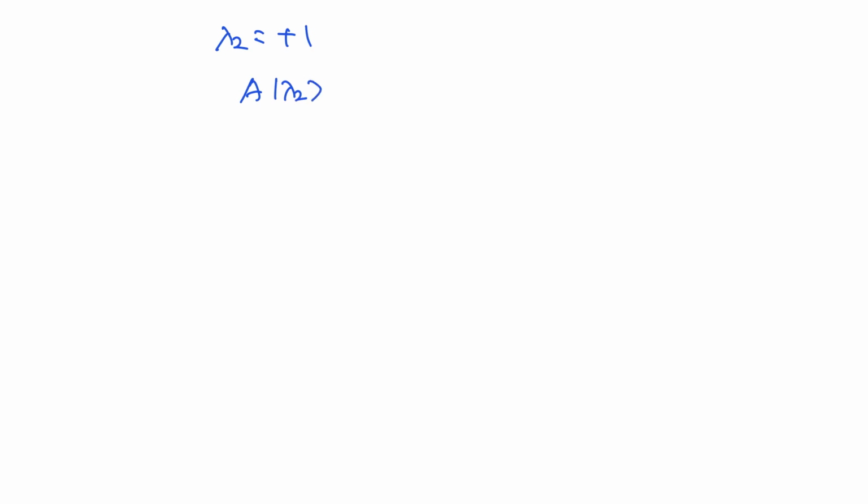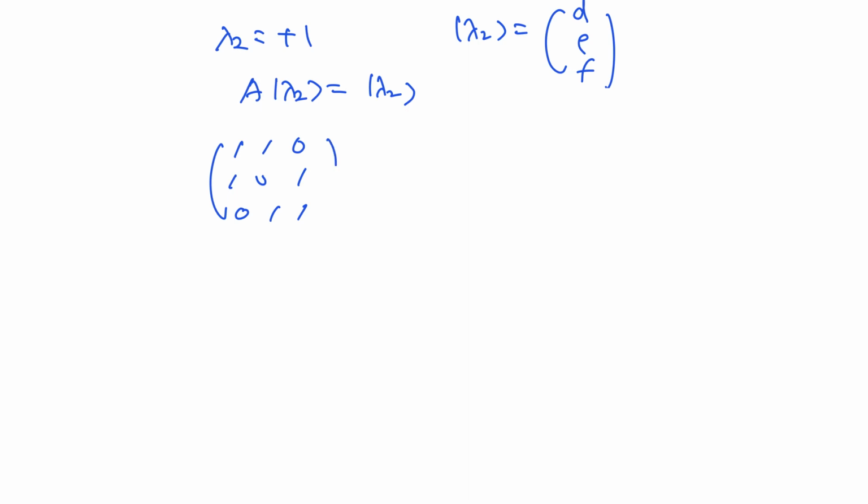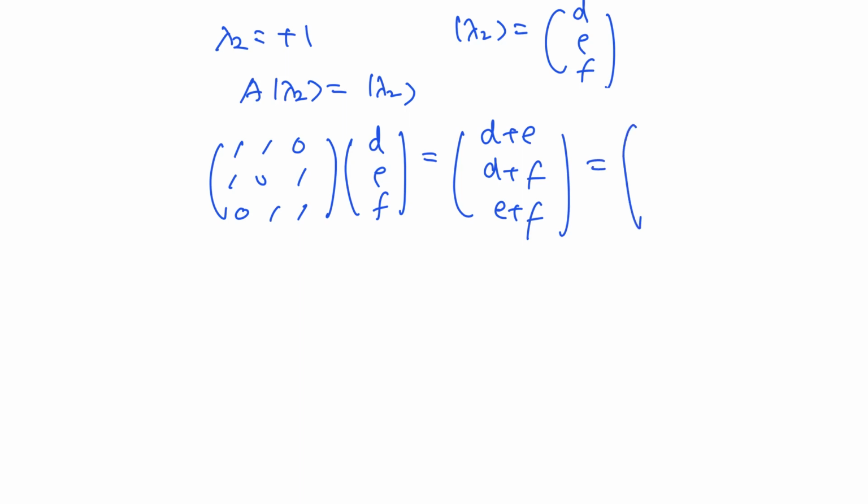A times the eigenvector for lambda 2 is itself. So let the eigenvector be D, E, F: 110, 101, 011 times D, E, F gives D plus E, D plus F, E plus F, equal to D, E, F. So D plus E equals D, so E is equal to 0.